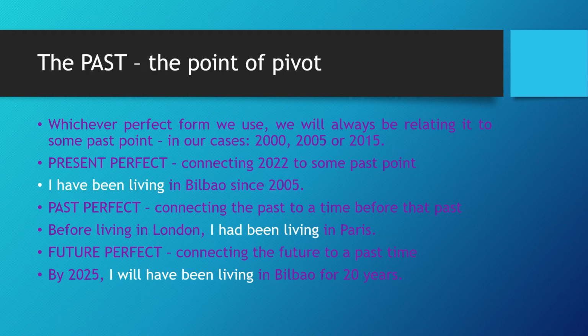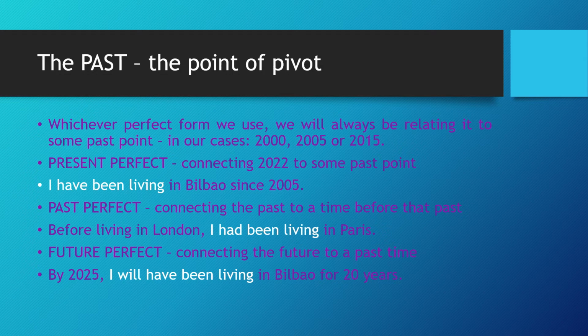Whichever perfect form we use, we're always going to be relating it to some past point, either 2000, 2005, or 2015 in our cases. The present perfect connects 2022 to some past point. The example we've seen already. I have been living in Bilbao since 2005.